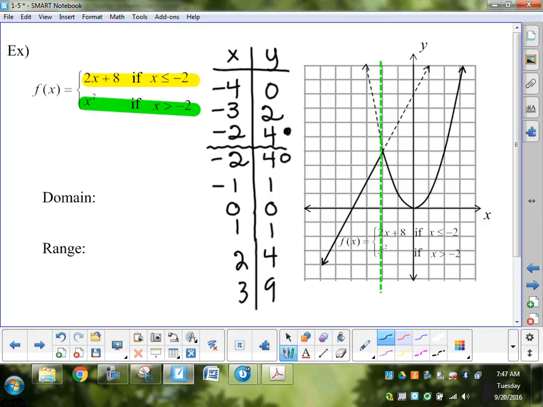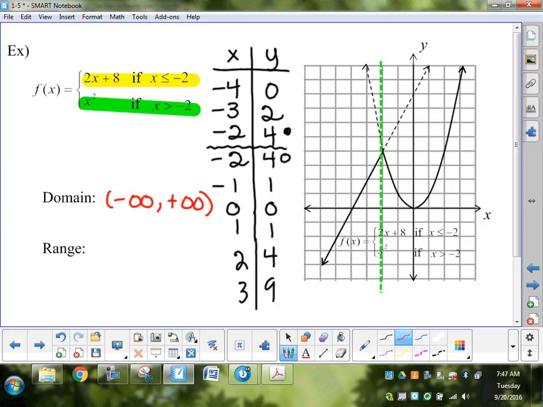Questions on that? Now, what is the domain of this graph going to be in interval notation? Chloe, what do you say? Terrific. Absolutely terrific. Negative infinity to positive infinity.